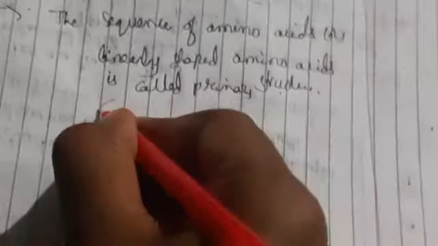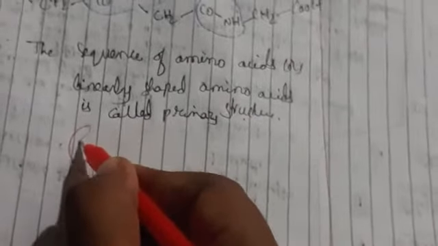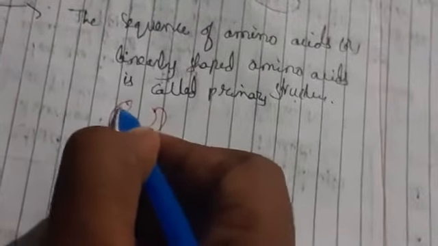If you see the structure of DNA, it is a double helical structure, which consists of different types of amino acids. This is about the primary structure.